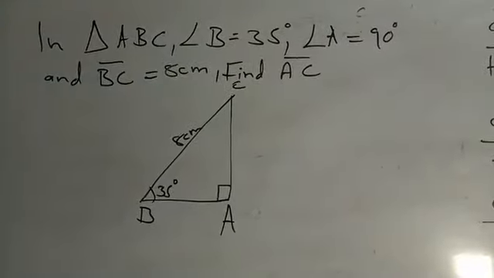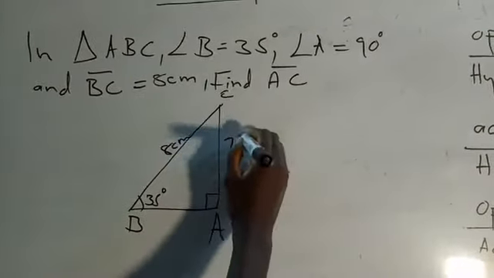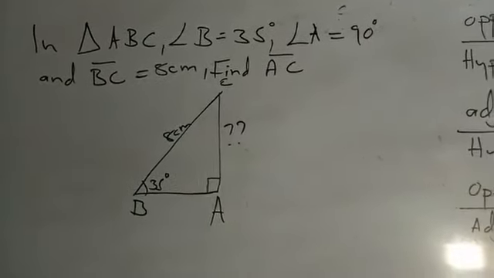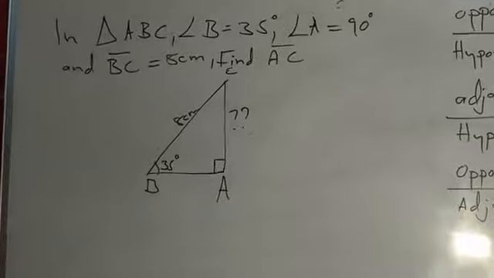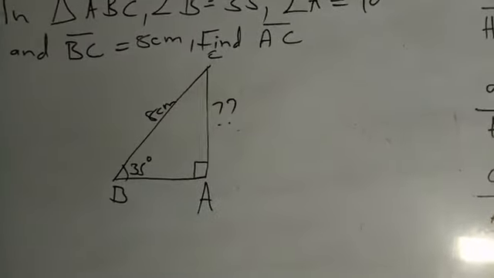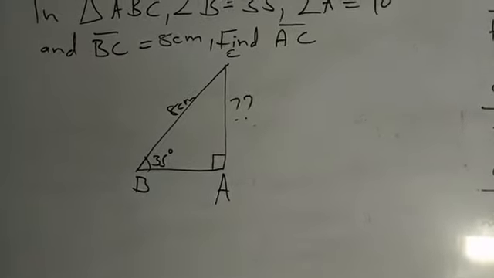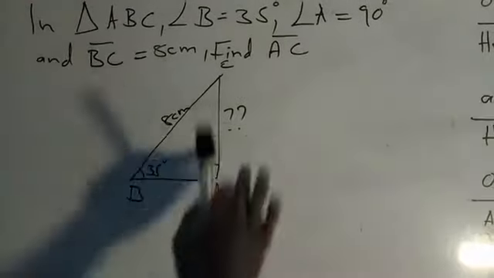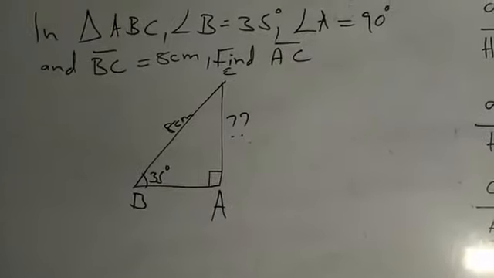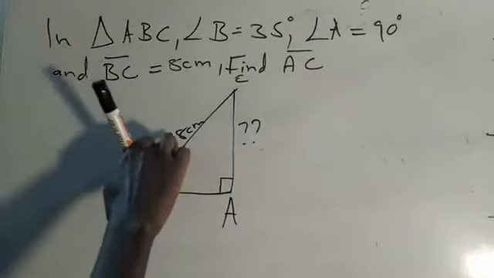They have told us to find this one. So when we try to look at AC, it is called the opposite, and they have given us the hypotenuse.